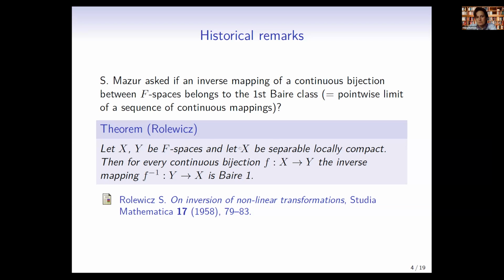The second is the condition of separability and local compactness. And the third direction is to see if this result is true when the inverse mapping is not necessarily Baire one, but of another class, for example, more wide classes of functions between continuous and Baire one.